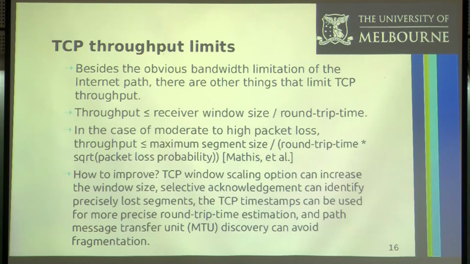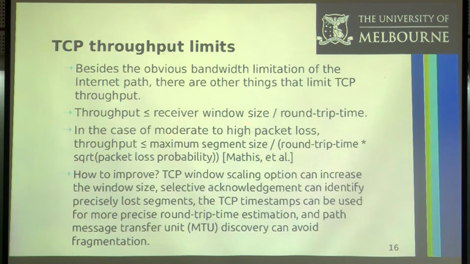But besides that, there are some other bounds on throughput for TCP. One is that the throughput is less than or equal to the receiver window size divided by the round trip time. The receiver window size is how much outstanding data the receiver allows to have that it's acknowledging, in order to do the error correction.